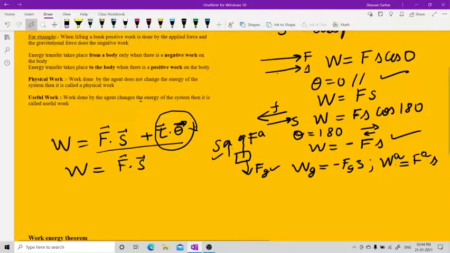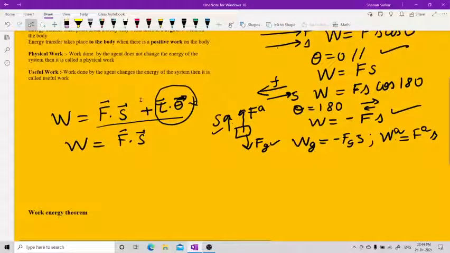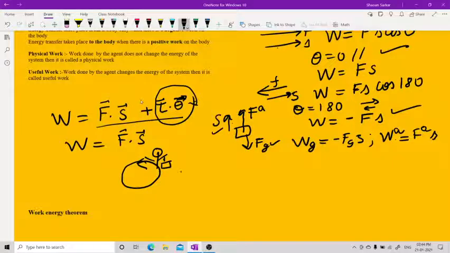Before that, let me tell you what is useful work and what is physical work. Suppose you are carrying a bag in your hand and moving in circles. The work done in that case is zero.